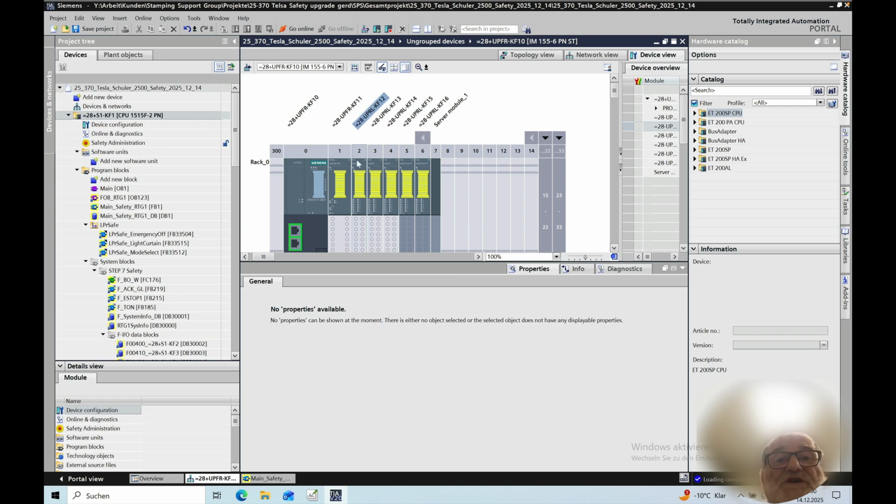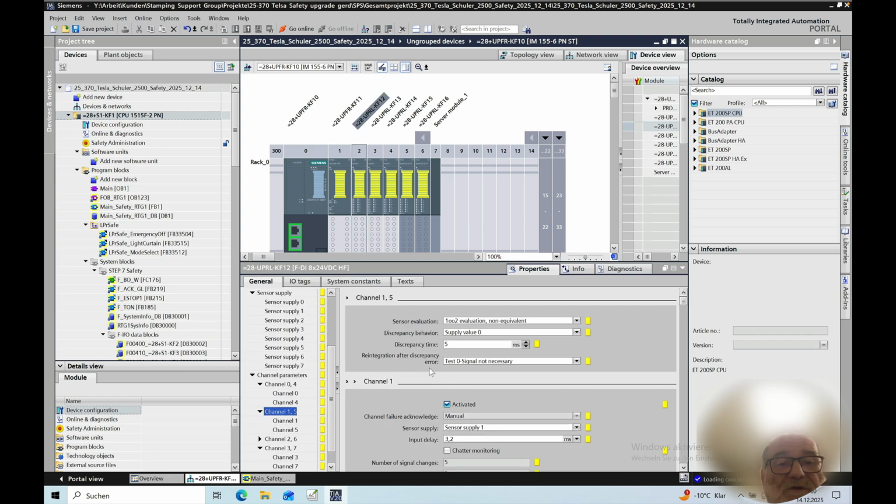Yeah, so the channel 1 and 5 is the non-equivalent, so it's the input 1 and 5, and the channel 0 and 4 is for the E-stop.